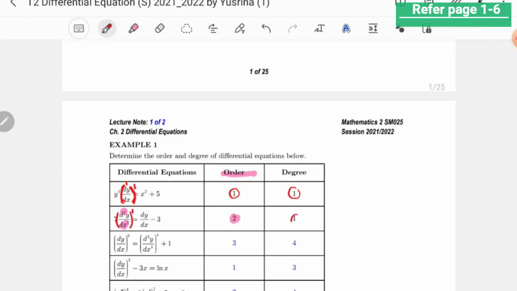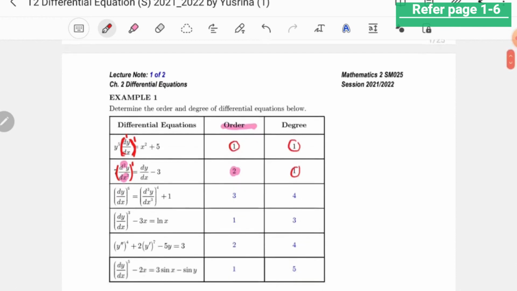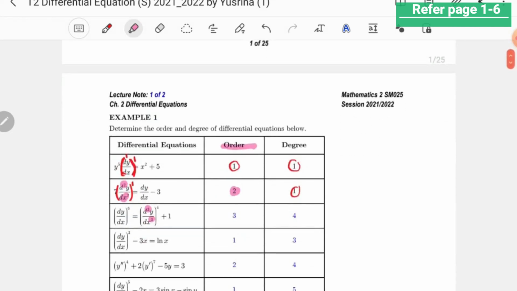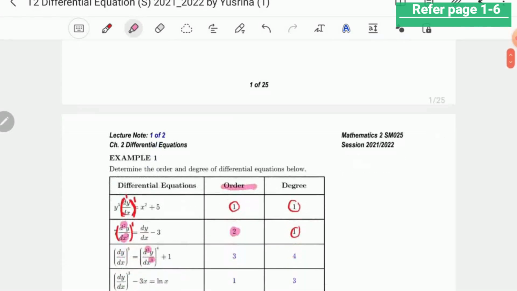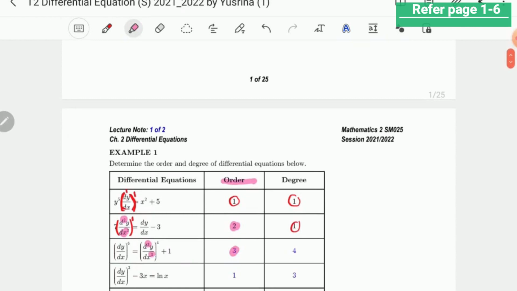So that's why the degree equals 1. Then for example 3, the order equals 3 and the degree equals 4.